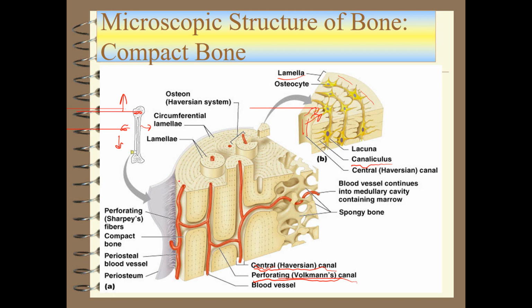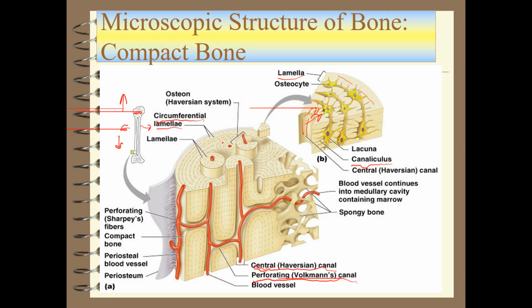So what we're going to see here, this inner osteogenic layer of this periosteum that we already identified, is going to lay down a ring of bone, but it's going to go around the entire circumference. So it's called circumferential lamellae. It is this ring of bone that's not part of an osteon that goes the entire circumference.